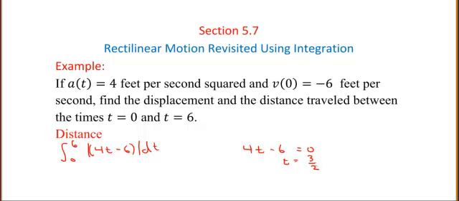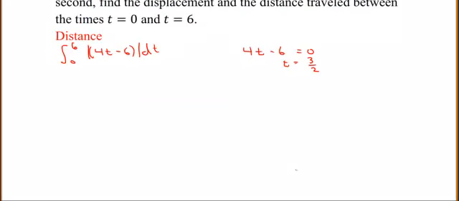Adding 6 and dividing by 4 is equal to 3/2. So we'll have to think about this as the integral from 0 to 3/2 of the absolute value of 4t minus 6 with respect to time, plus the integral from 3/2 to 6 of the absolute value of 4t minus 6 dt.